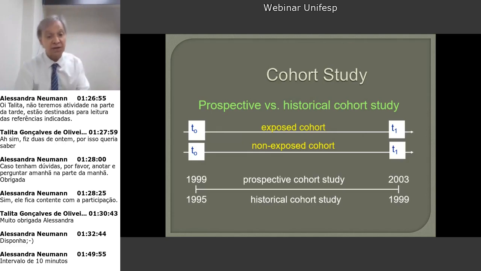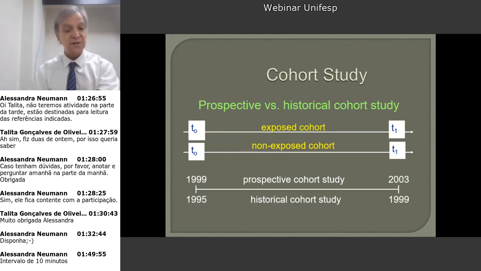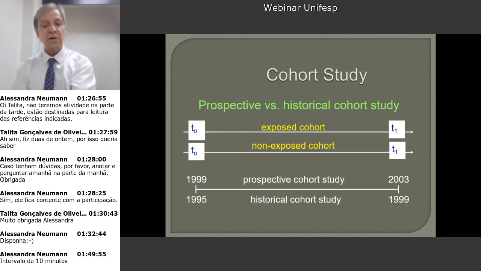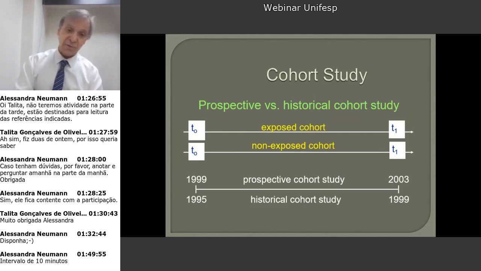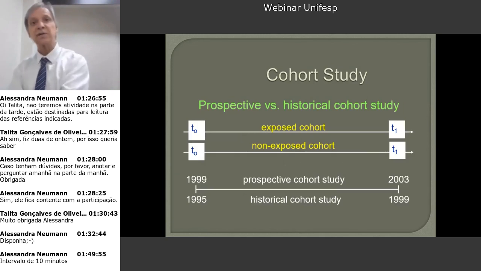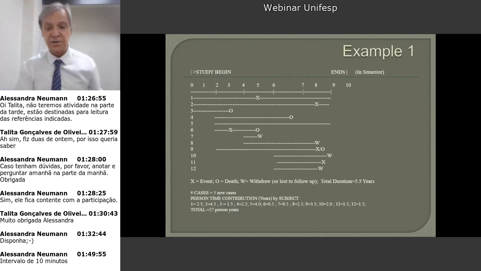So we're back to the cohort design here. You have time 0 to time 1. Exposed cohort, non-exposed cohort. You're following them up over time. You can call it a prospective cohort because you start exactly in 1999 and go all the way to 2003, or a retrospective cohort, which can also be historical. You can go back in data and reconstruct the prospective time from 95 to 1999 and create another study.